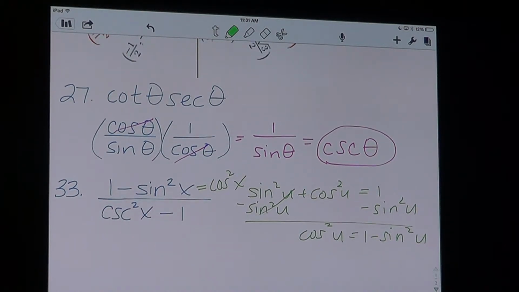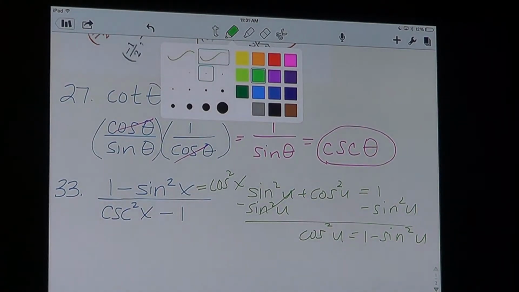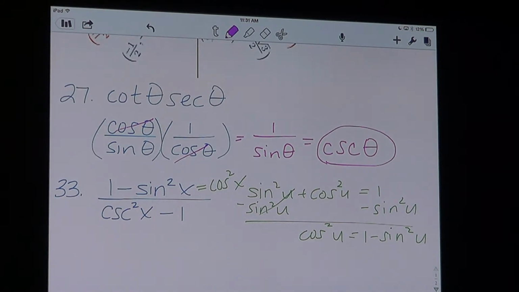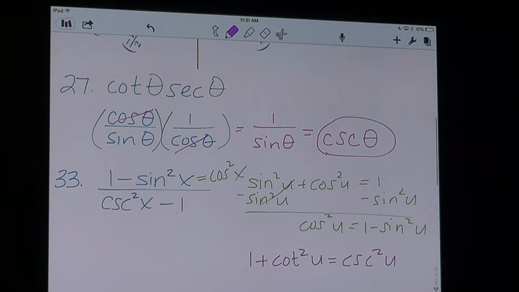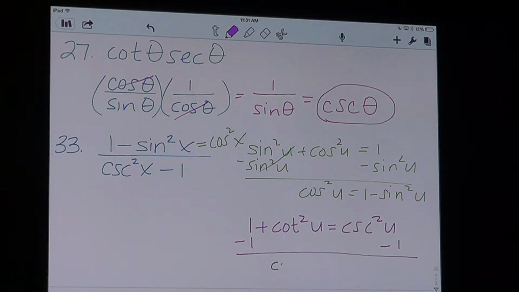Okay, and then we can also rearrange the last one, the one that says 1 plus cotangent squared u equals cosecant squared u, so that it looks like the denominator of this. If we subtract 1 from both sides, then we get that the cotangent squared u equals cosecant squared u minus 1.